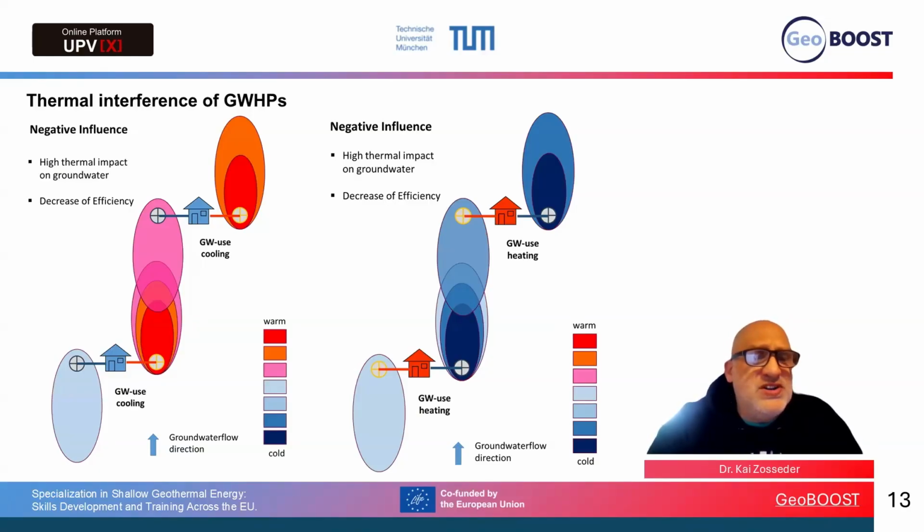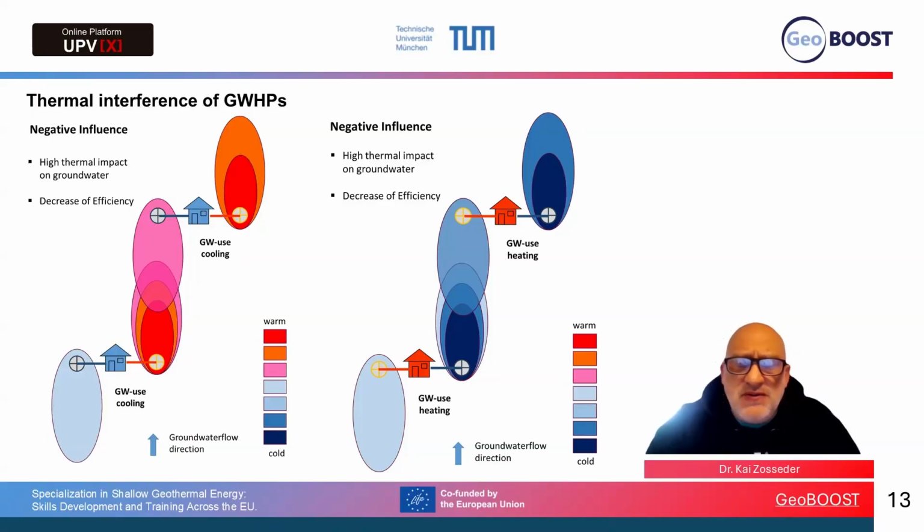This warmer water reaches then a unit downstream in the groundwater flow direction. And of course, if this unit wants to use the groundwater also for cooling, it gets warmer water. And then this is not so favorable for cooling, of course. So the efficiency of the system is decreasing.